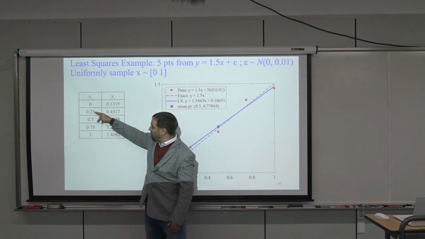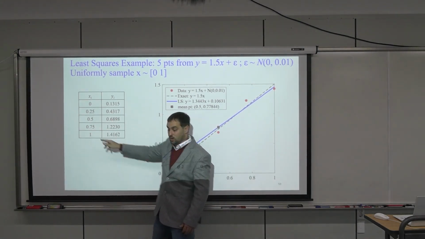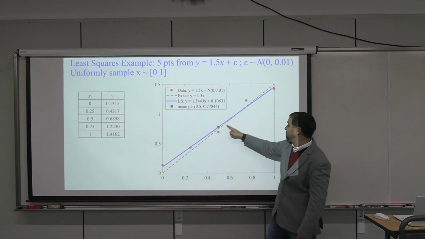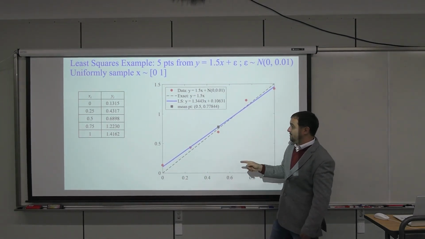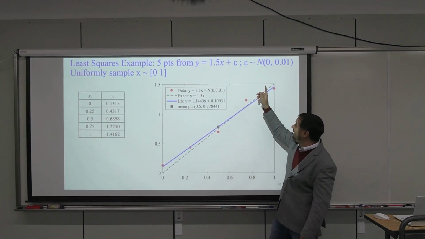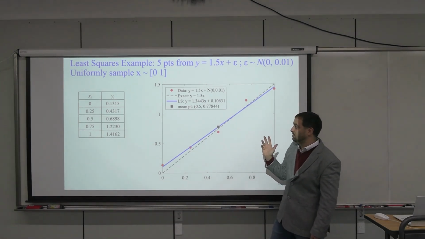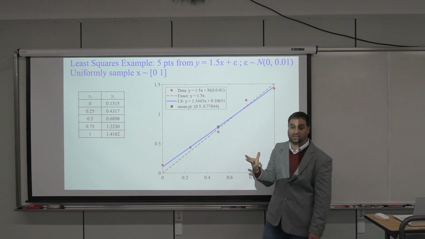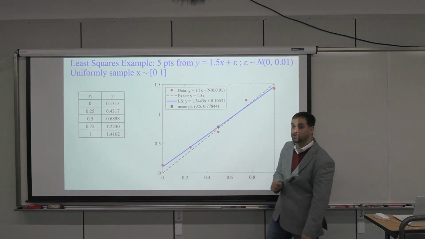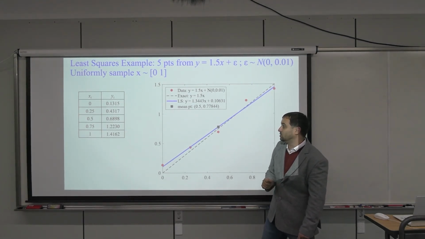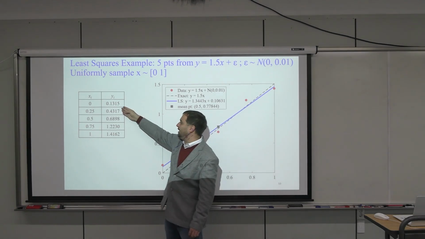So 0, 0.25, 0.5, 0.75, 1. Okay, so we have evenly spaced data points, and I've generated another vector of five of these epsilons sampled from the normal distribution with 0.1 variance. And so once again, you can just transcribe this data.